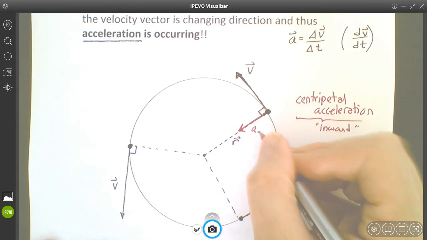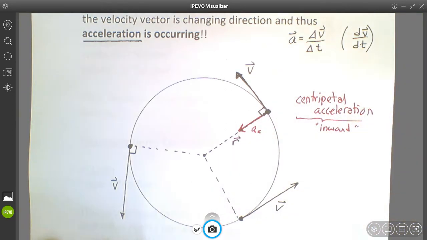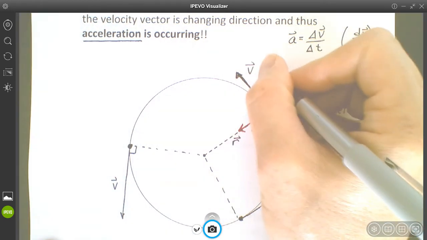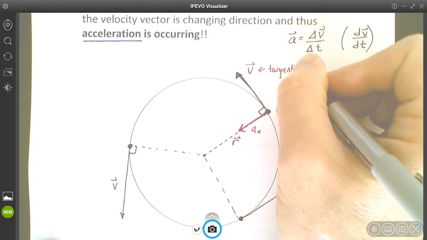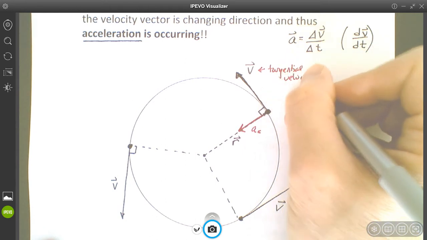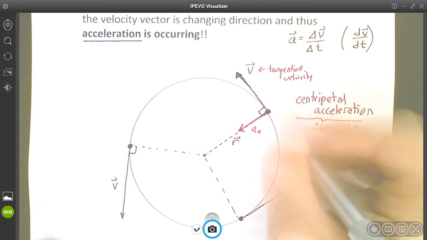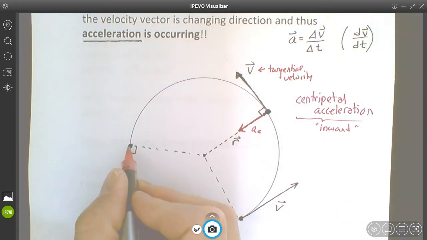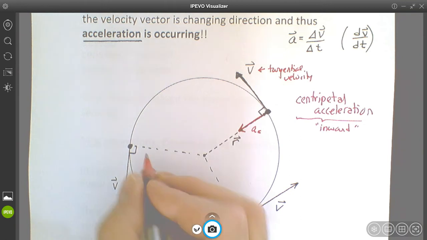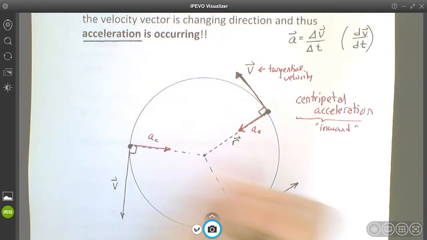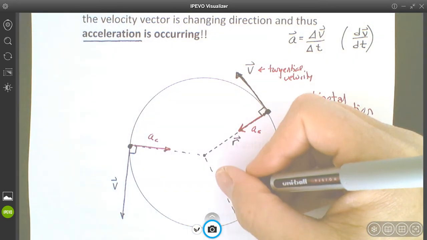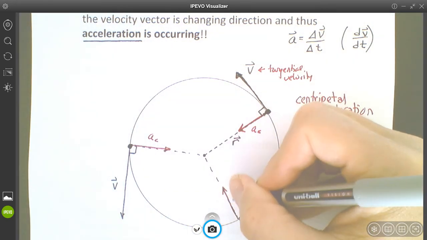That is the direction of the acceleration at this point. This is the tangential velocity at that point. So here, the object's tangential velocity is down, but it is accelerating inward. Tangential velocity is this way, it is accelerating inward.